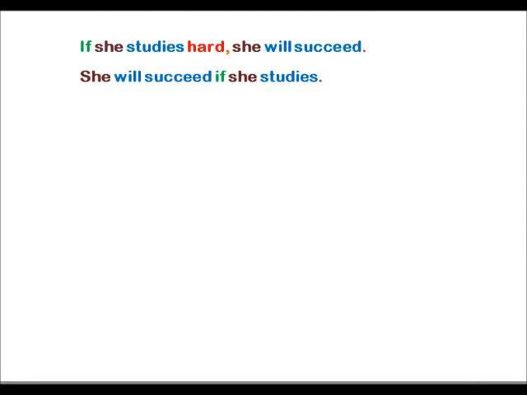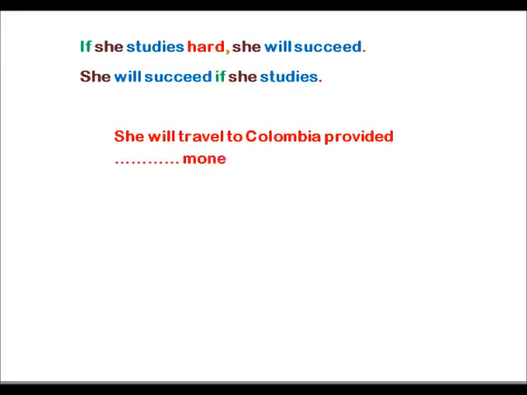Now let's see this sentence here, and it's going to be a multiple choice question. Now let's have a look at this one. She will travel to Colombia provided, and then we have a gap and then money.